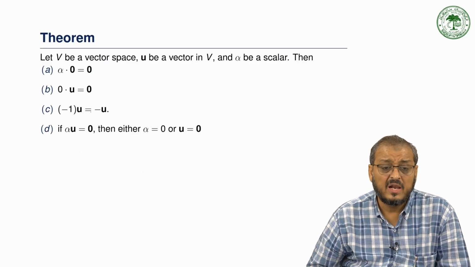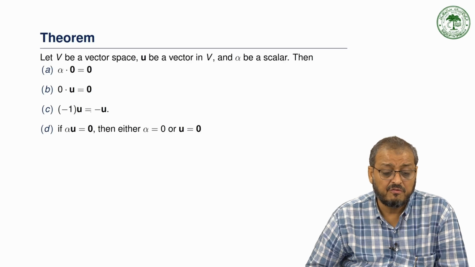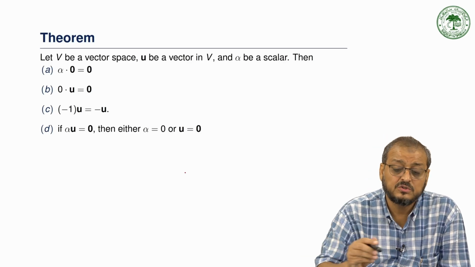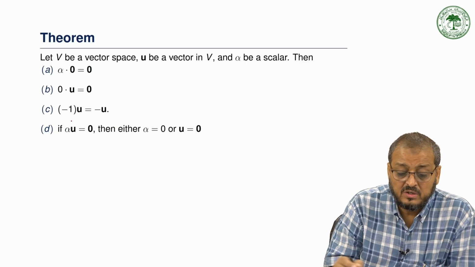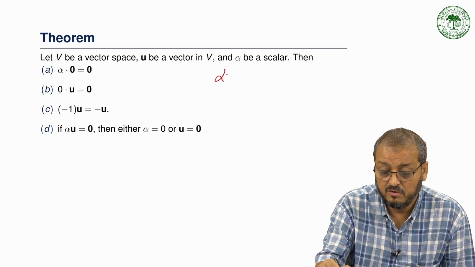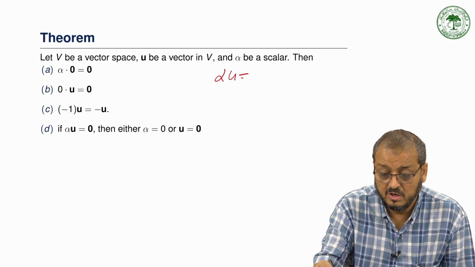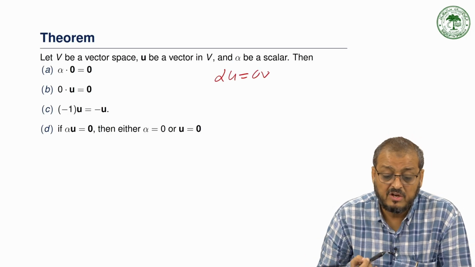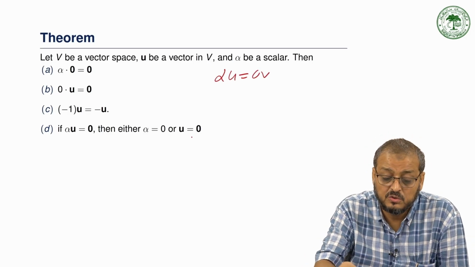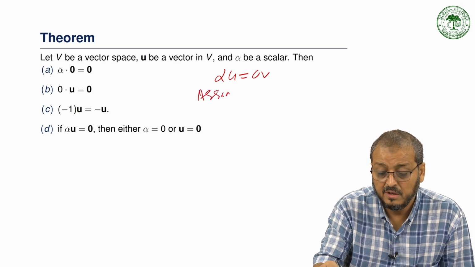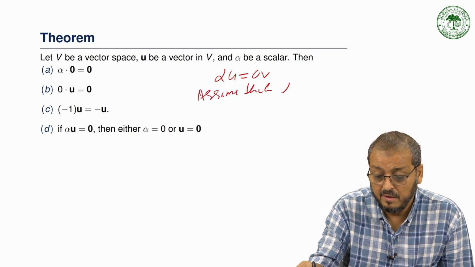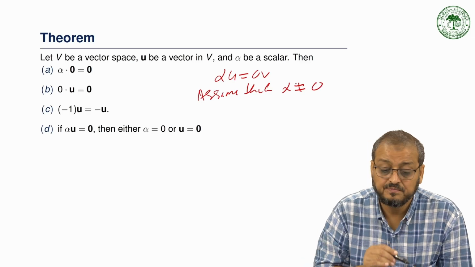Now, the last one: if alpha u is equal to 0 of V, then either alpha is equal to 0 or u is equal to 0. So given the condition alpha u is equal to 0 of V, we have to prove that either alpha is equal to 0 or u is equal to 0. So we assume that alpha is not equal to 0.